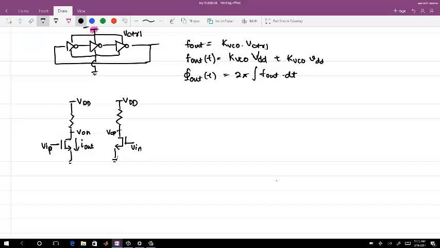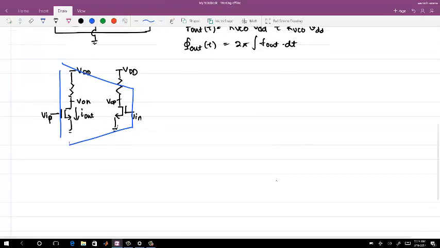So there is no problem with respect to that. You do not see any problem unless these resistors change due to the supply noise in the difference VOP minus VON.